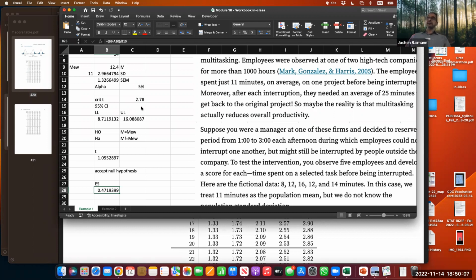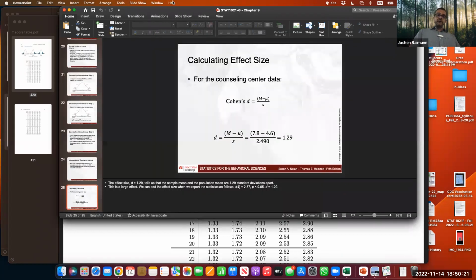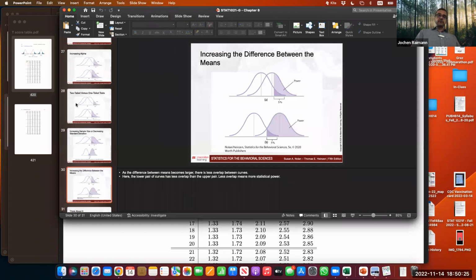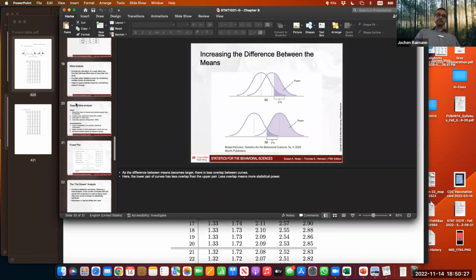That you conceptually understand the concept of degrees of freedom that are being used to estimate the standard deviation, rather than having it given from the population. Good. This being said, let's quickly go again to statistical power.